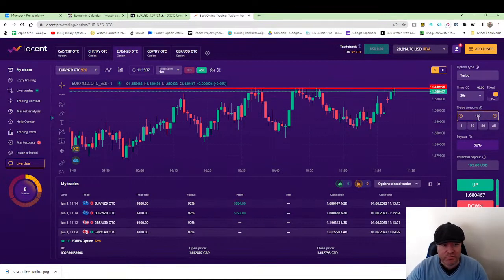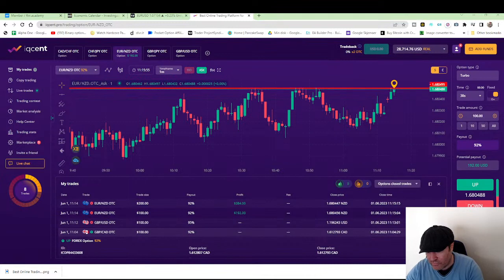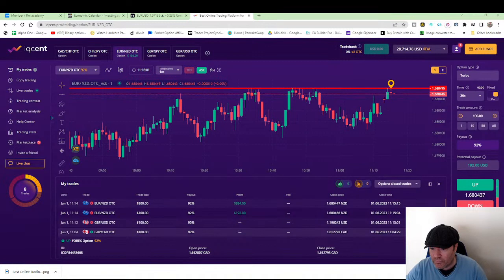Let's continue. Let's see if we can get more trades here now. As you see, this line is good. We are in again. Nice entry. We are now $100 profit.